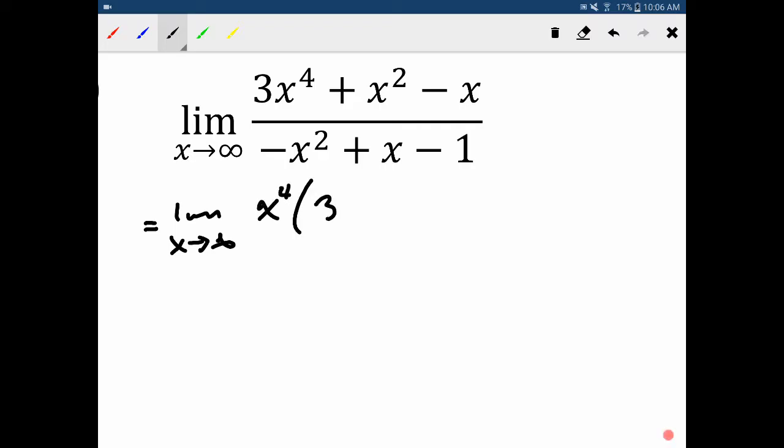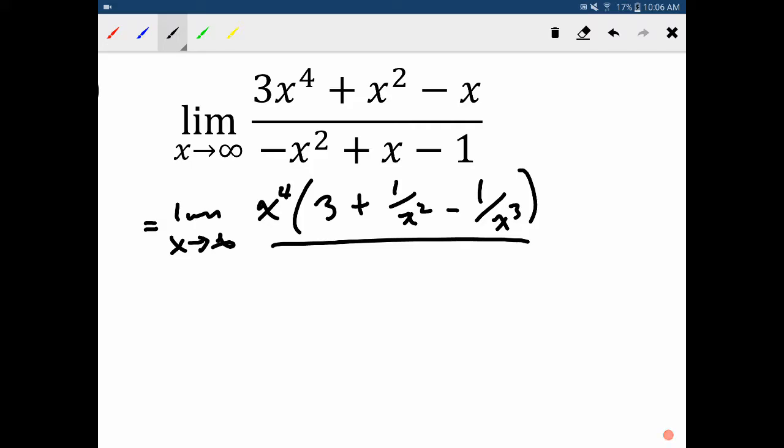We've got 3 plus 1 over x squared minus 1 over x cubed, over, and now we'll factor out the x squared.